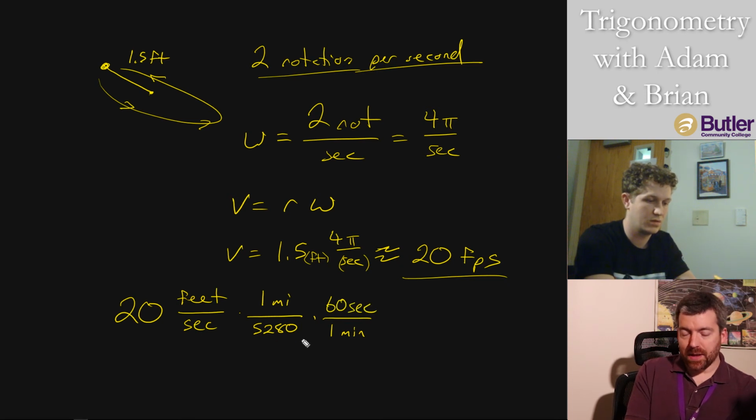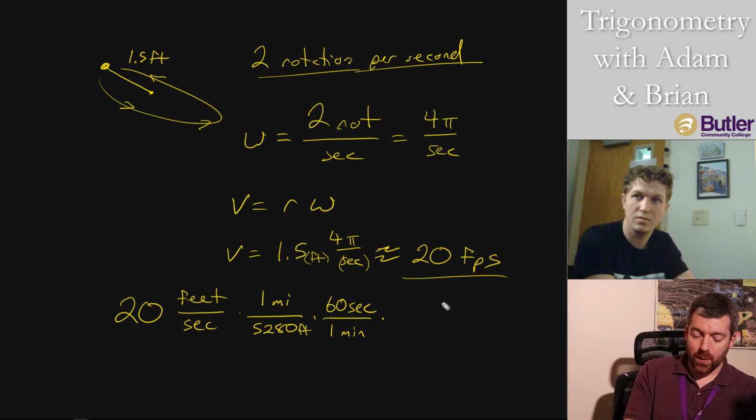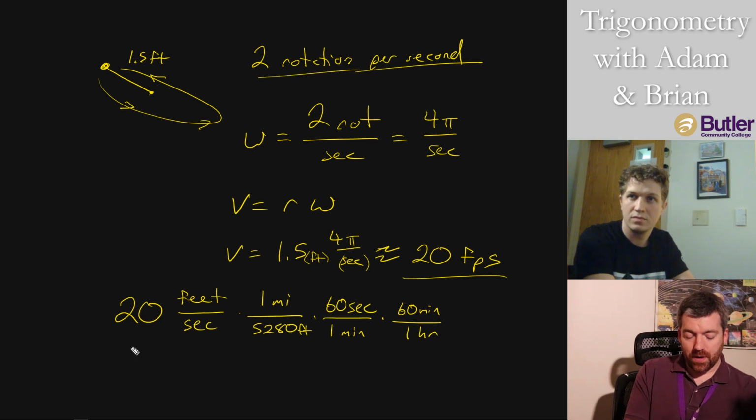I always like to set it up like this because if you think of the units as variables, they cancel out. The feet cancels with the feet down here. The seconds cancel here. We're left with minutes. Then we want to convert that to hours. 60 minutes is 1 hour. That will convert it to miles per hour. So 20 times 60 divided by 5,280. Got it. That's what I put in. A nice way to look at it.